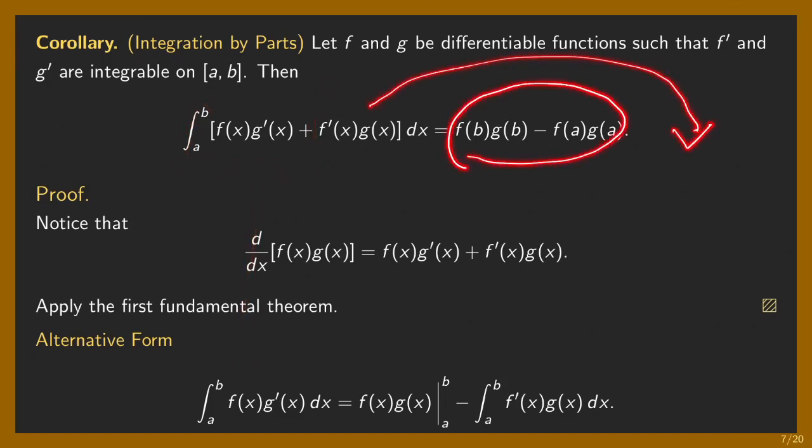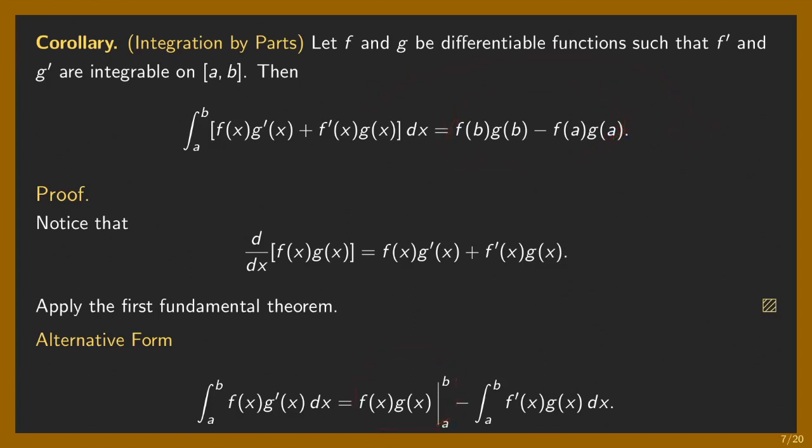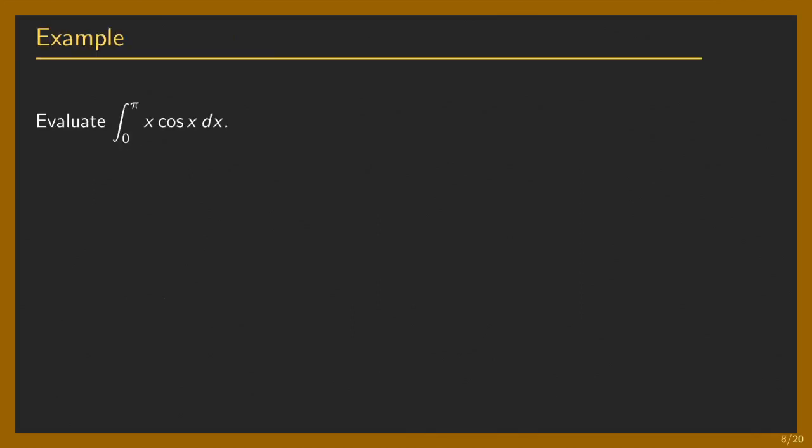And then, yung quantity na to, yun yung f of x, g of x evaluated from a to b. So, ito na yung, I think, yung mas familiar na form sa inyo. Ito yung u dv, uv, tapos ito yung v du. Right? Okay.